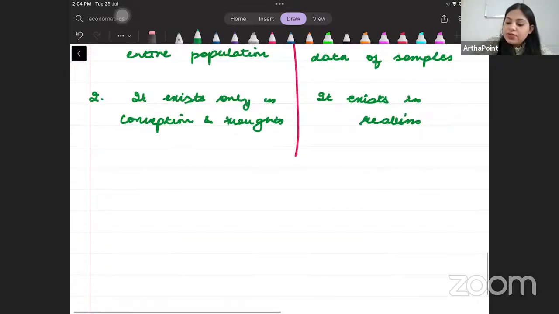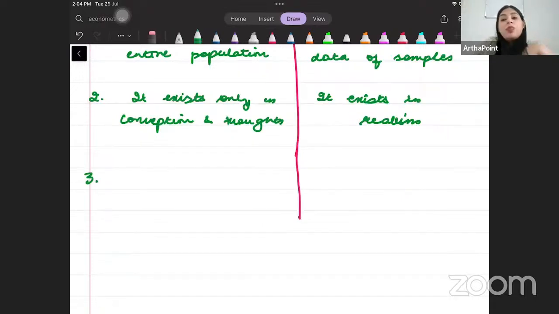Okay, write down the third point, beta. When we talk about the population regression function, it can only be drawn as one line. But the sample regression function, because you're drawing it from the sample, as your sample varies, the sample regression function that you plot will also vary, right?